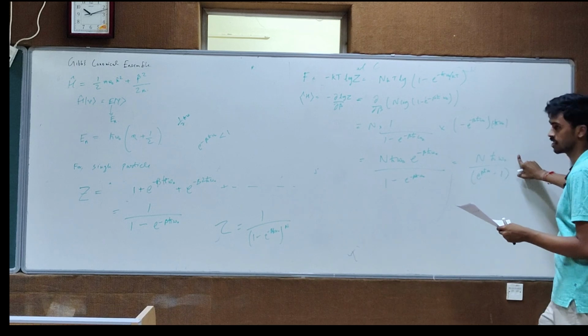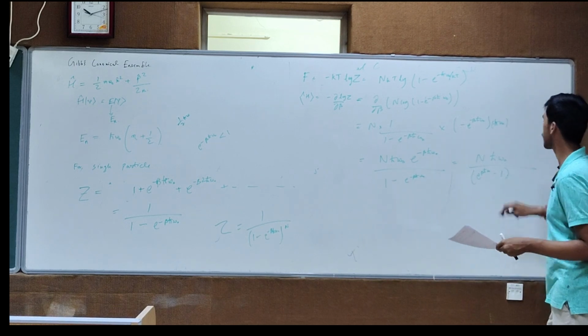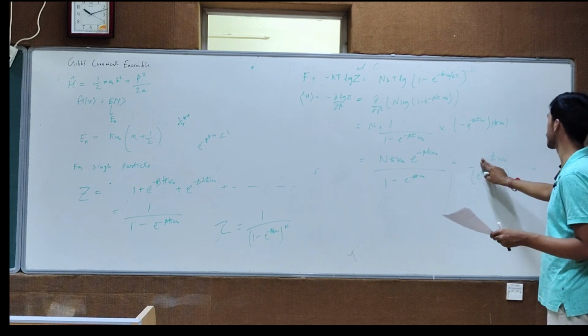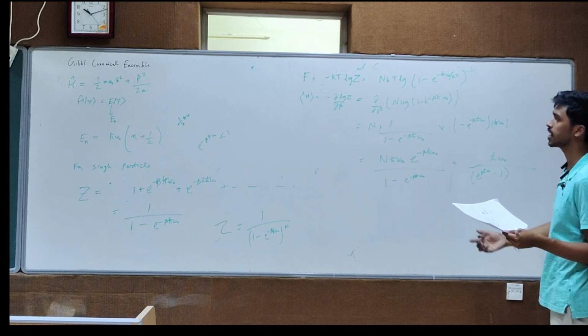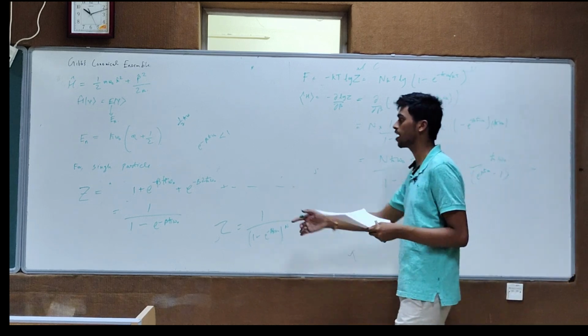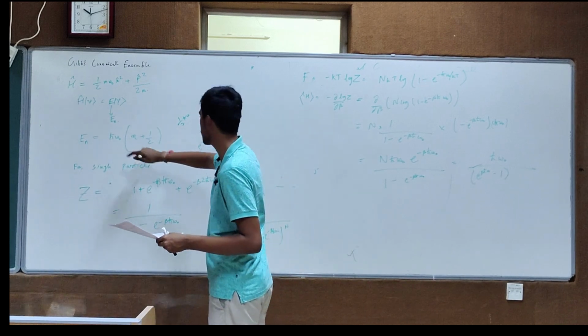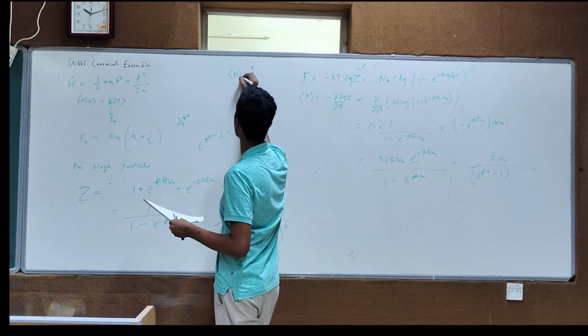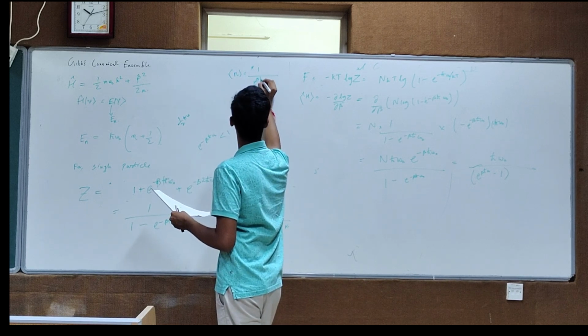So this is your average energy of the system, and for a single particle, you would have this to be the average energy of the system. And what is the average state in which it is residing? You just cancel this h cross omega factor, and you will get the average value of n to be 1 by e power.